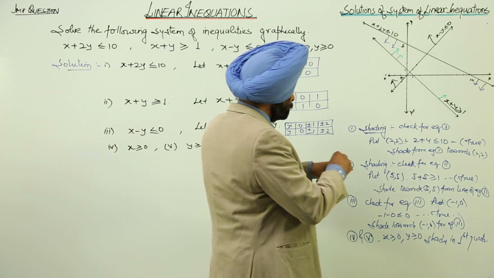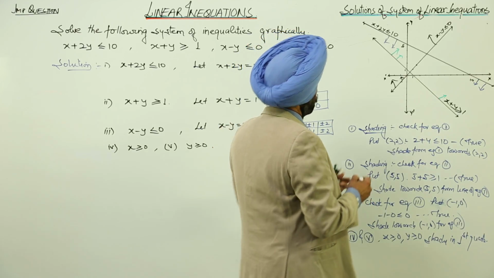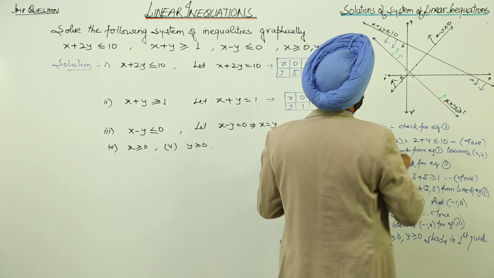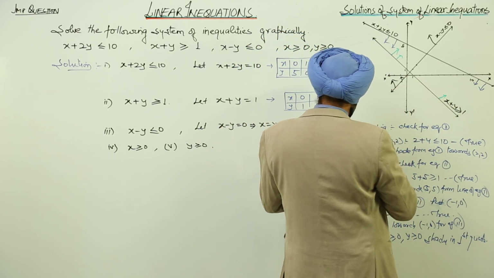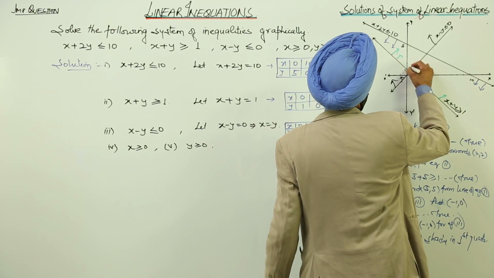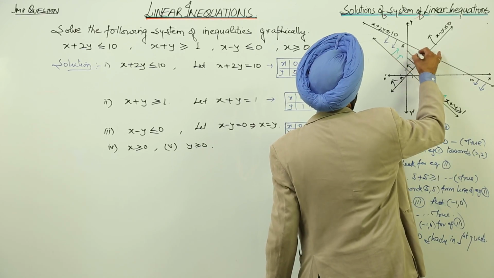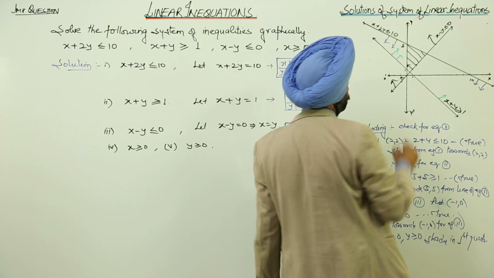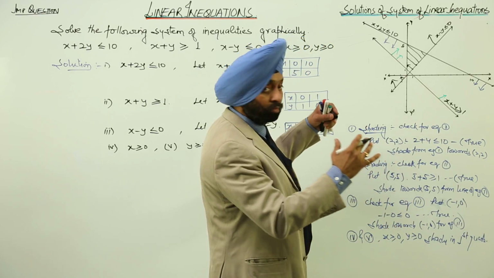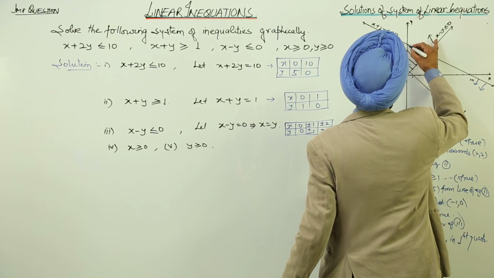Now first of all, let it be for this line first. Now shading is towards this side, so we will be shading like this one. Then for another line that is towards this part.